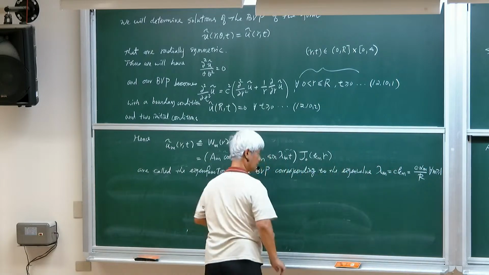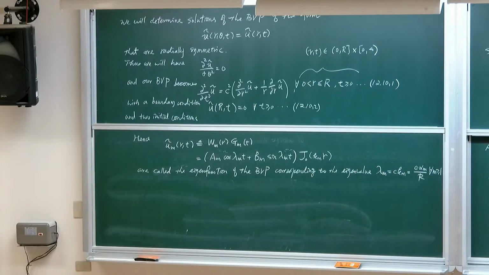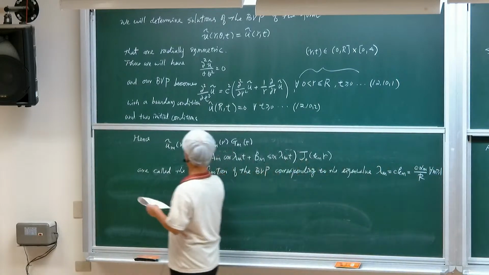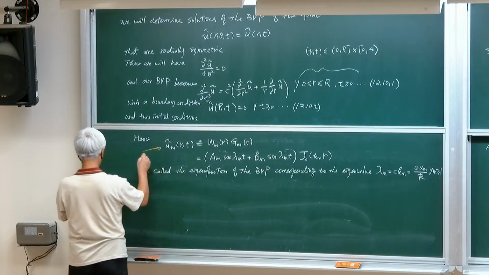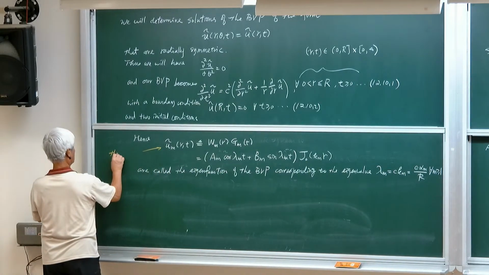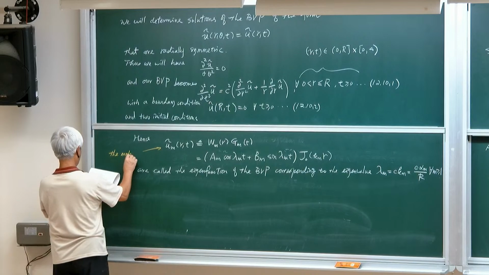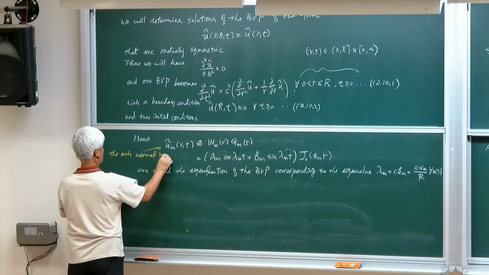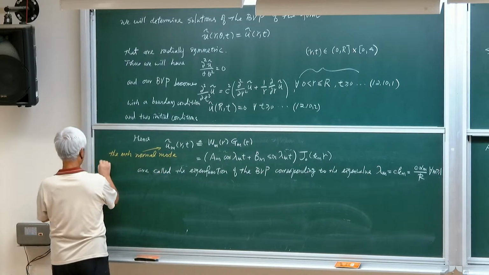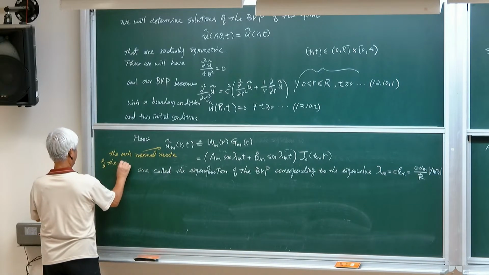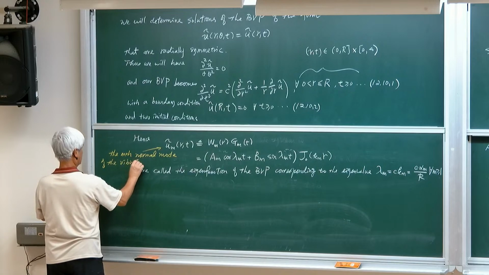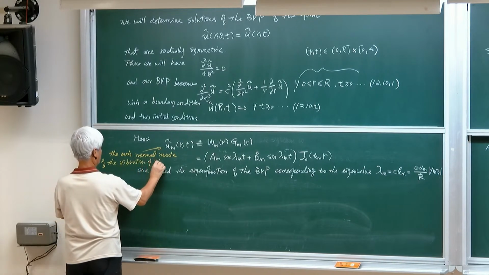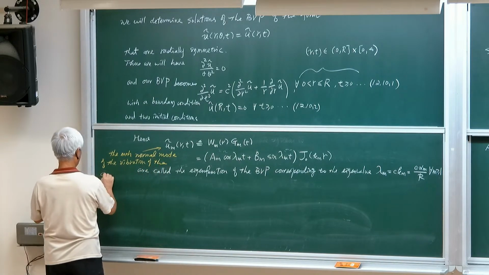And another name for u sub m is the m-th normal mode of the vibration of the circular membrane.